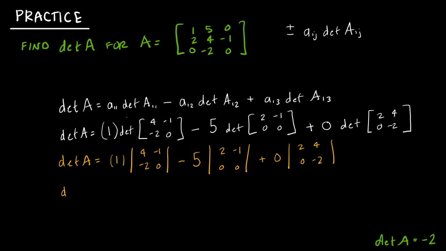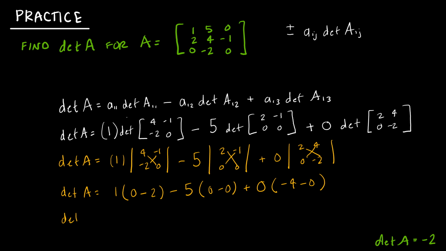So let's go ahead and compute this. This is 1 times 4 times 0 minus -2 times -1. This is 5 times 2 times 0, which is 0, minus 0. And this is 0 times negative 4 minus 0.